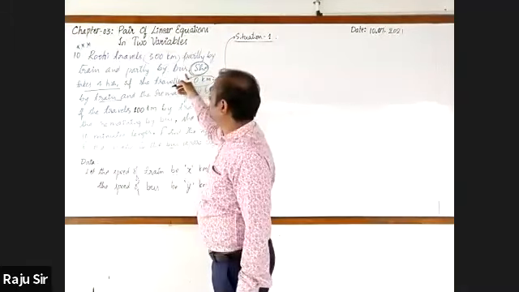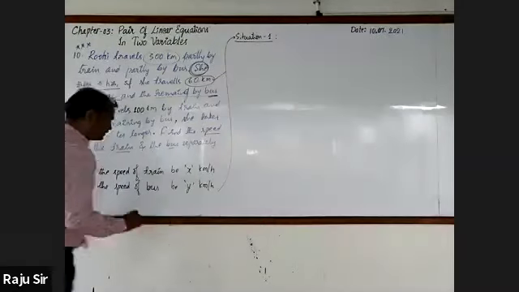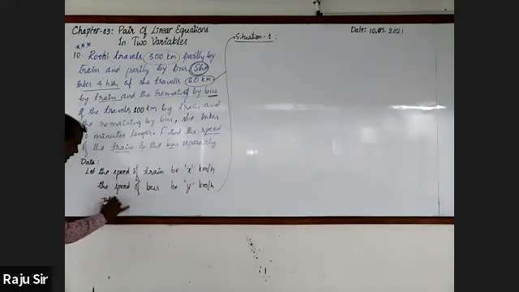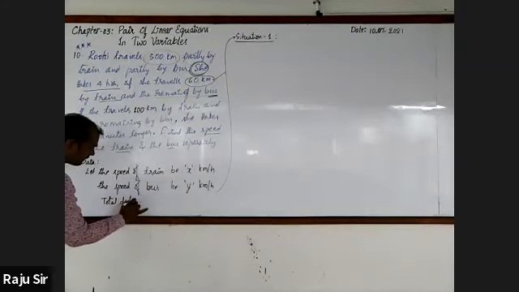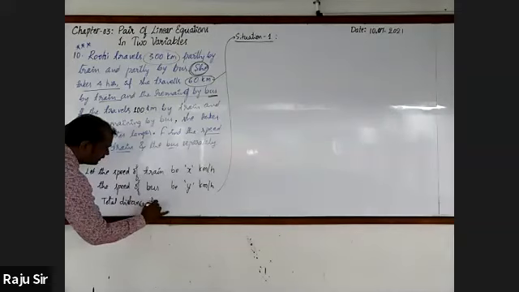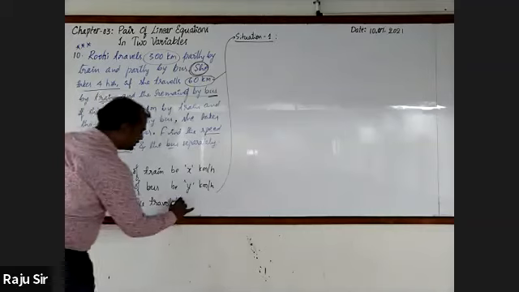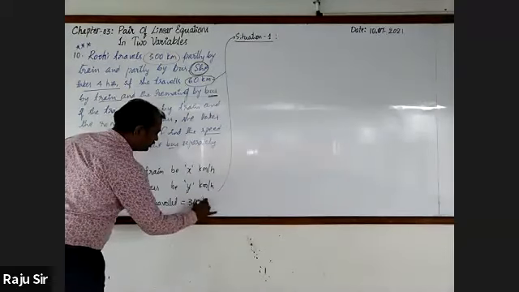The total distance covered, it is 300 kilometers. Total distance traveled is equal to 300 kilometers.